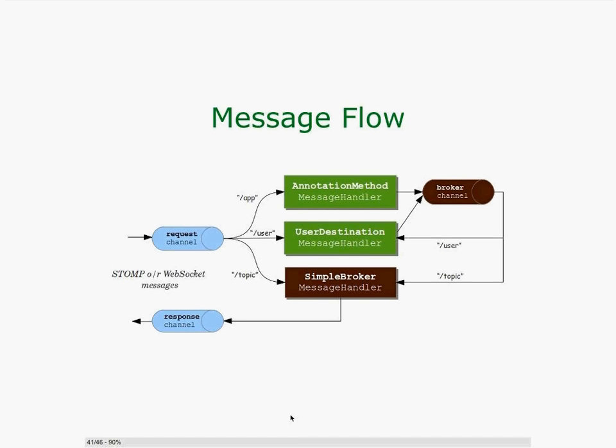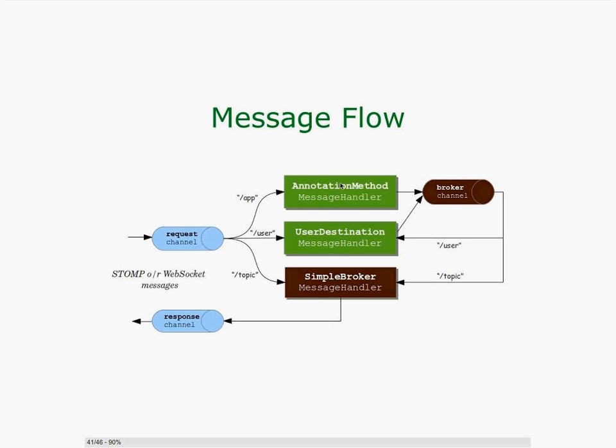And this is the message flow for the full picture. We have messages coming in on the request channel, STOMP over WebSocket messages. They can be delegated to one of several message handlers, and of course your application can have more message handlers if you want to have additional ones.